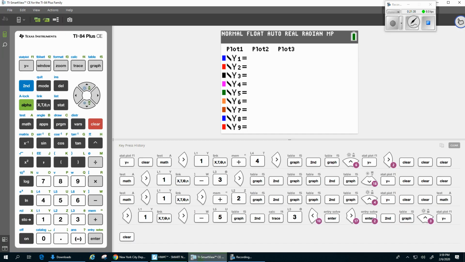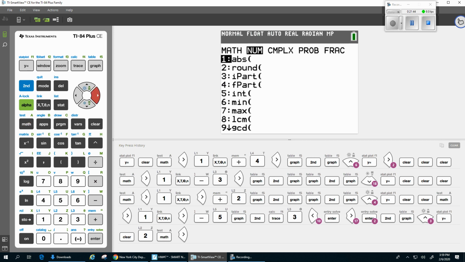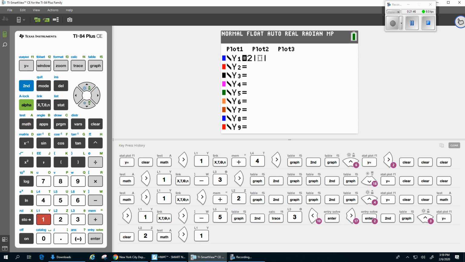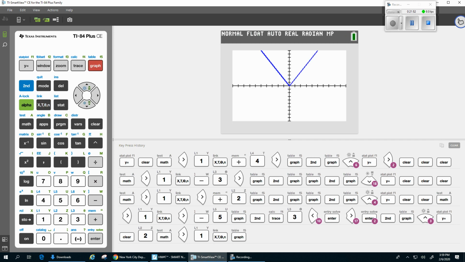So I'm going to say 2 math, num, option 1 for absolute value, x. And then let's take a look at the graph. Well, my vertex is at the origin 0, 0. So let's check out our table.